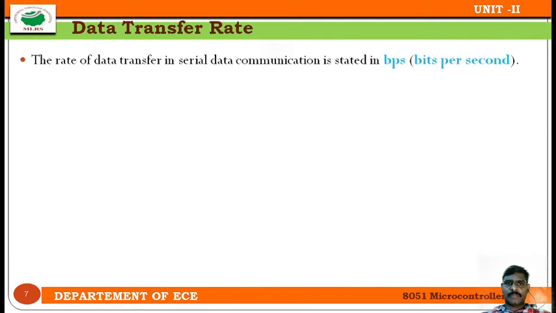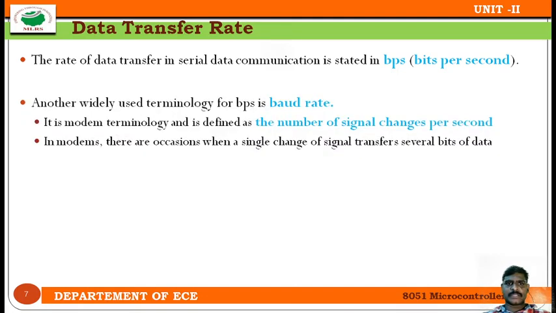When it comes to data transfer rate, data transfer in serial communication is measured in bits per second. That bits per second is a terminology called baud rate. When I want to connect two computers, or write a program using 8051, transmitter and receiver data need to be sent serially.